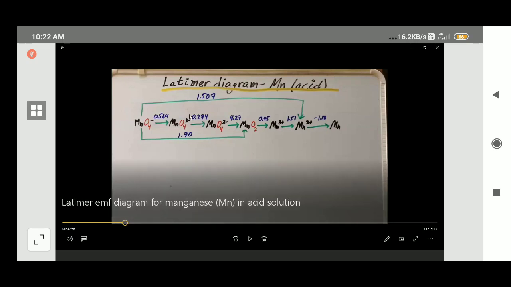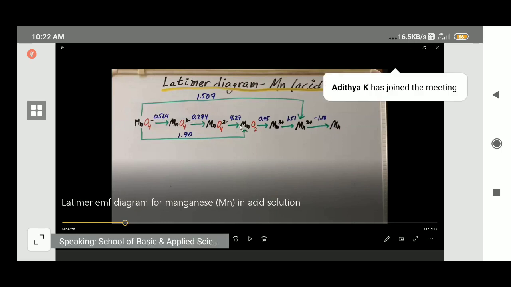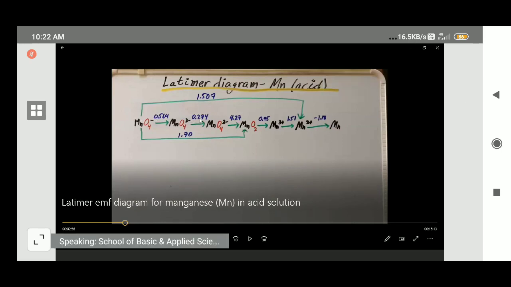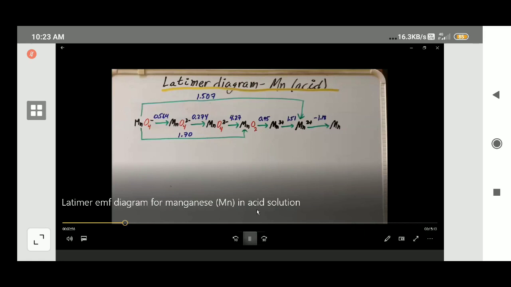Usually the values will gradually decrease from left to right, unless somewhere in between the values do not follow that trend. Whenever the trend is reversed, like 0.5, 0.27, 0.95, you can understand that this particular species, which has a higher value than the previous one, is in a metastable state.